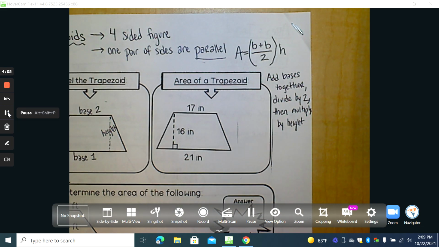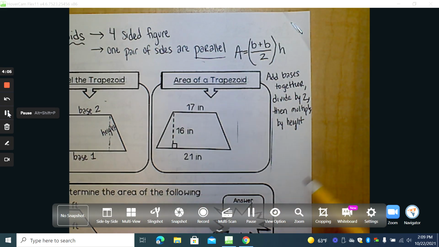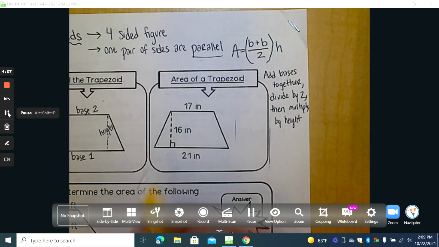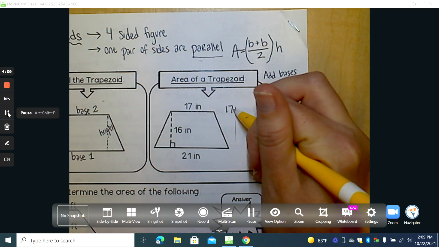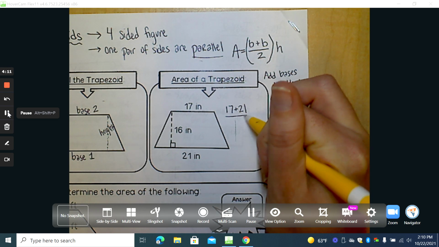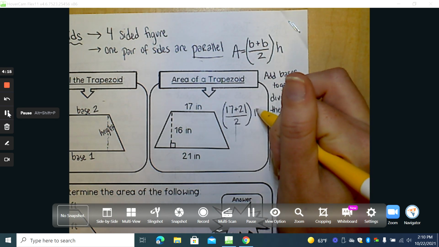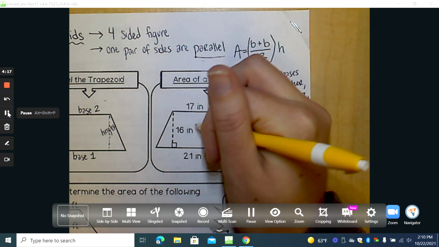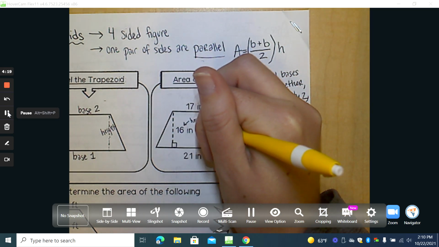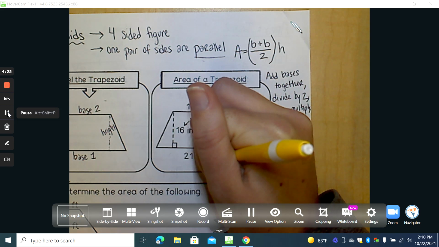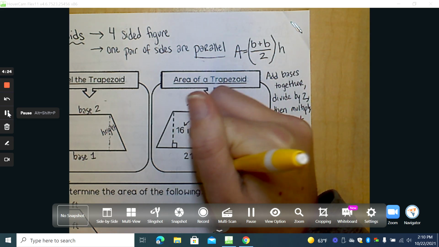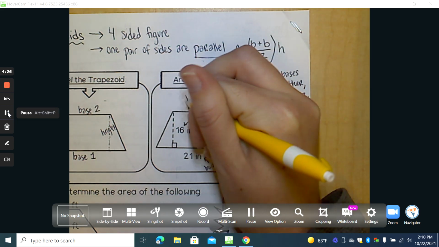So if I'm looking at this one right here, I'm going to add my bases together, 17 plus 21. I'll divide that by 2 and then multiply that times my height, 16. All right, 16 is my height, and this is a base and another base.